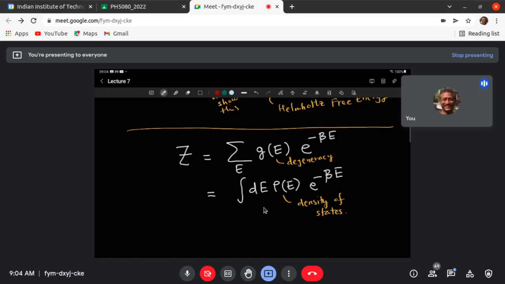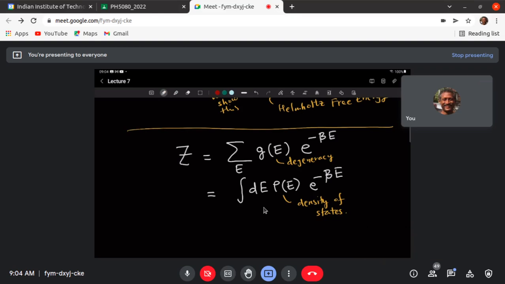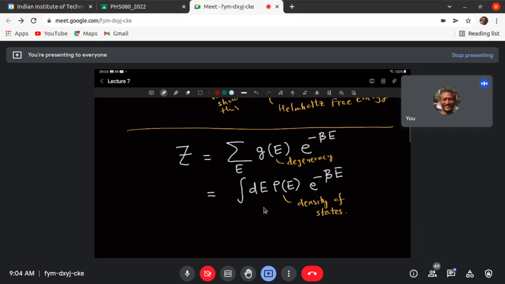Okay, are there any questions and comments at this point? Here the integration is over a finite space or an infinite space? It's over all, it's infinite. In both cases the sum can run over all possible energy values.